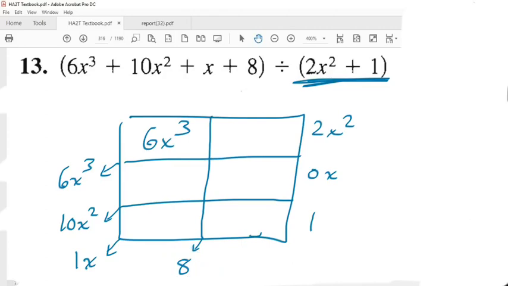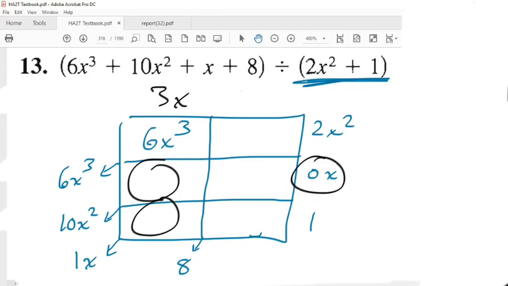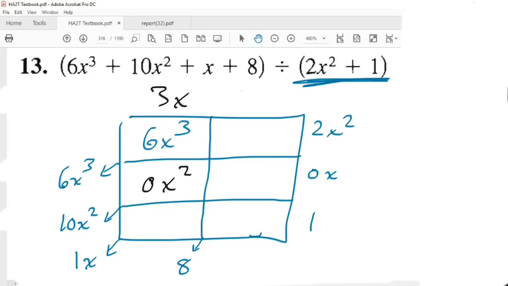Okay, now, what times 2x squared would give me 6x to the third? 3x times 2x squared gives me that. Okay, now let's fill in the rest of these because we just have to multiply 3x by those to get them. So we got 0x squared, right? 3x times x, but it doesn't matter because it's 0.